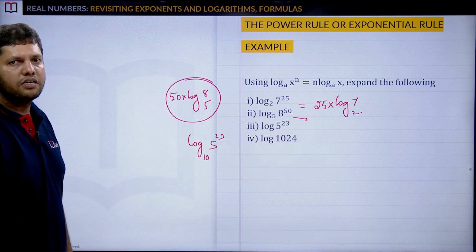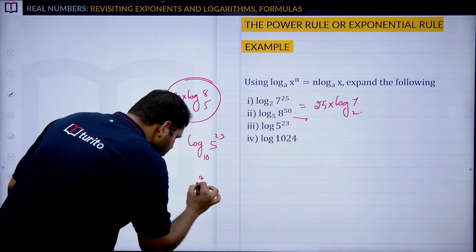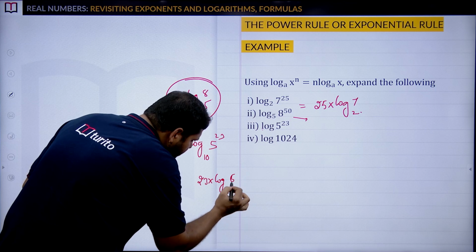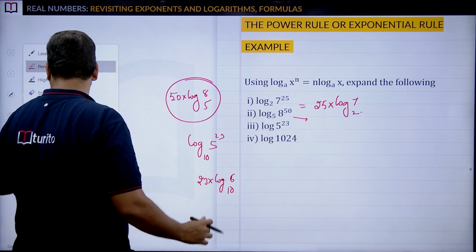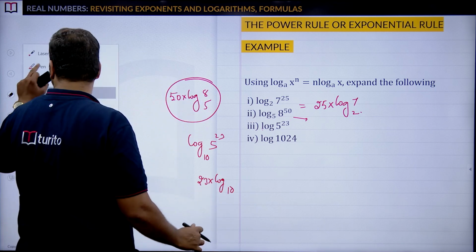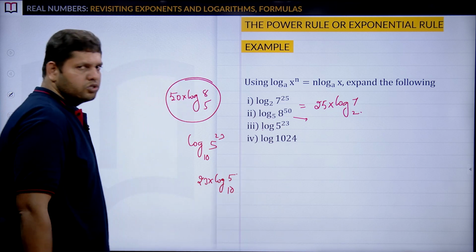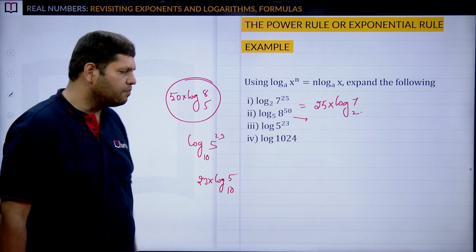Then how we can write, children? It is 23 into log 5 with base 10. Okay. So 23 into what? Log 5 with base 10.